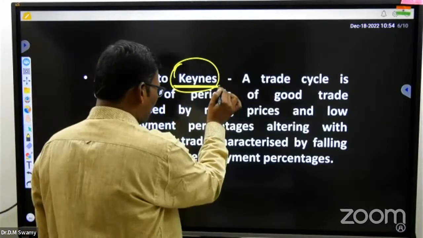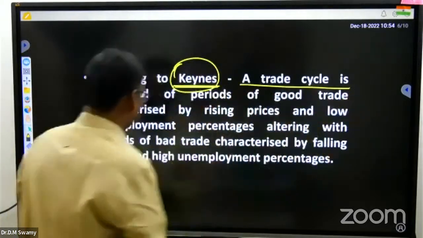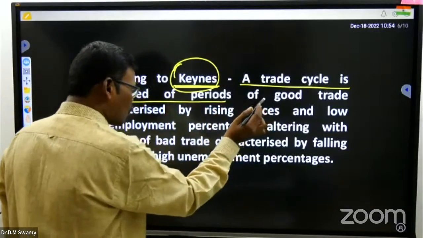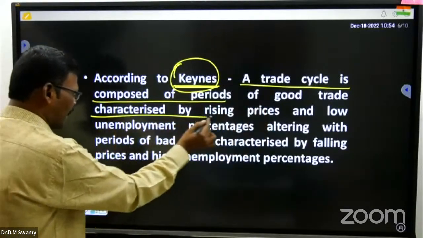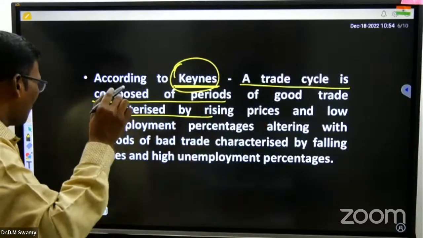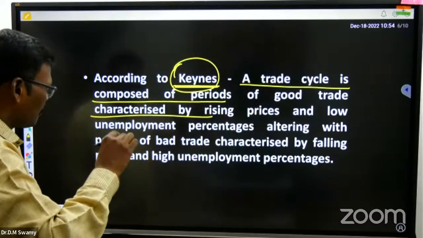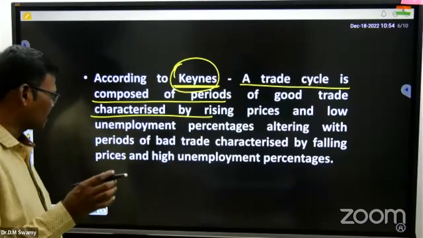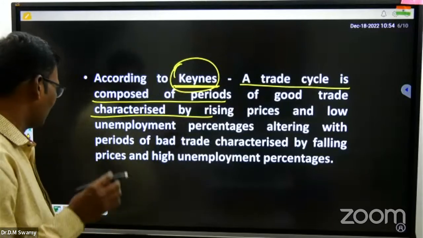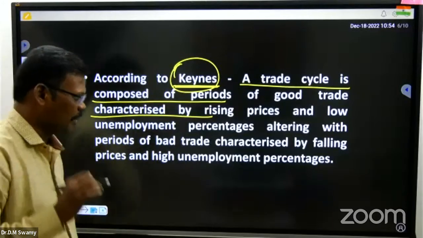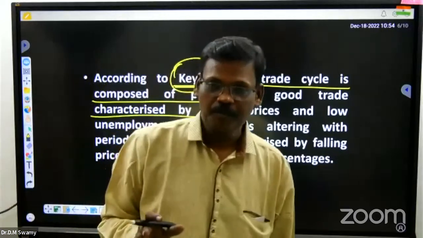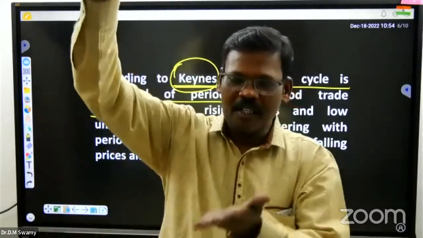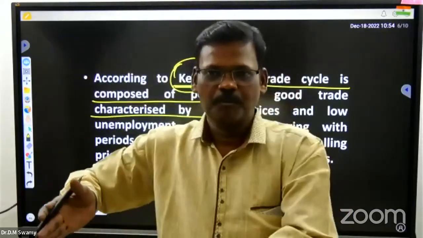According to J.M. Keynes, a trade cycle is composed of periods of good trade, characterized by rising prices and low unemployment percentages, alternating with periods of bad trade, characterized by falling prices and high unemployment percentages. So here he says some periods are boom periods and some periods are recession periods.